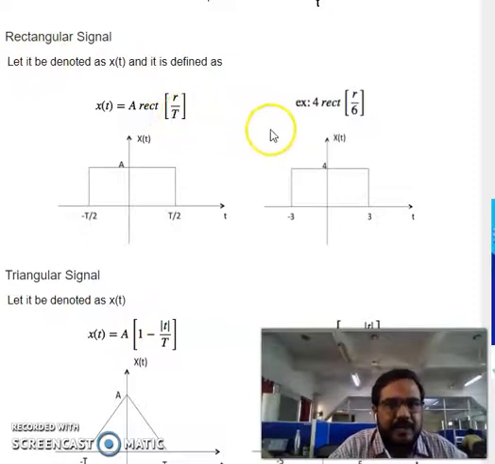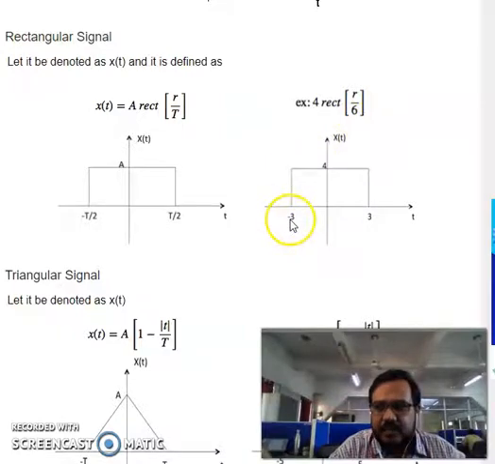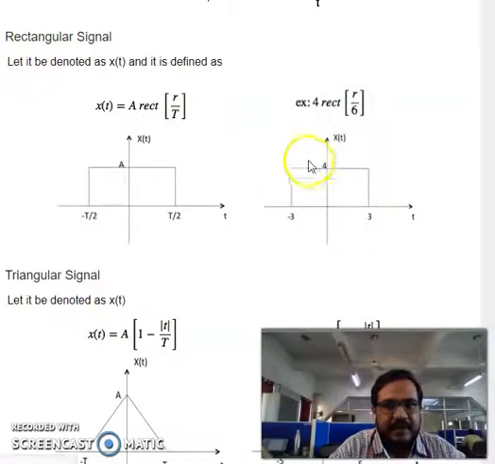If, suppose, it is shown as 4 rect t by 6, then it is defined from minus 3 to plus 3, and the amplitude is 4.